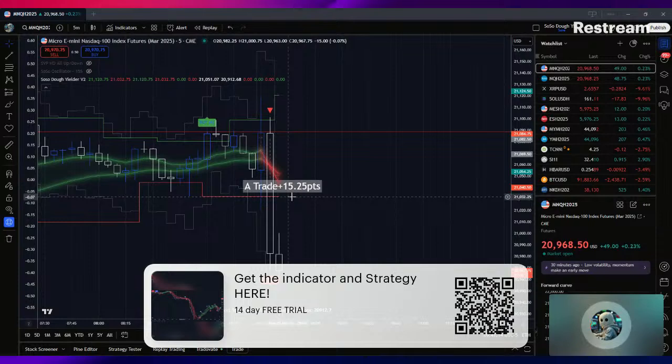We have switched over now on the 5-minute time frame also to downtrending.